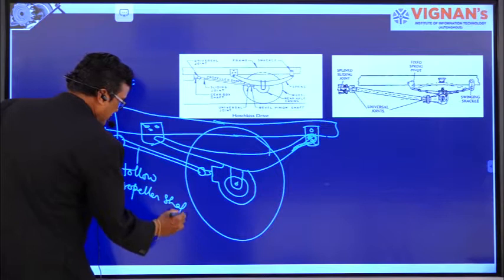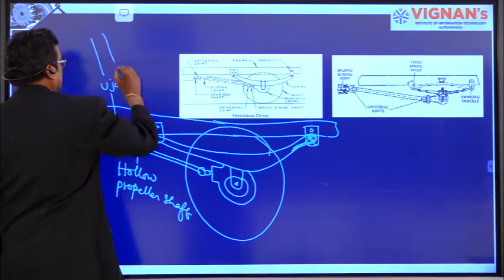And this hollow propeller shaft is adopted in the Hotchkiss drive.